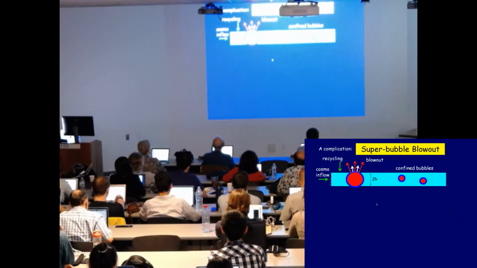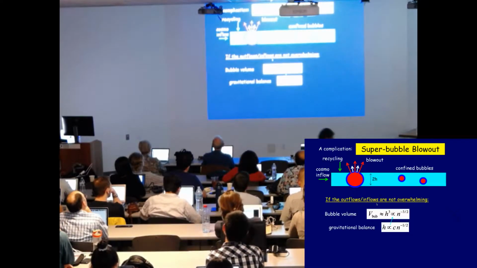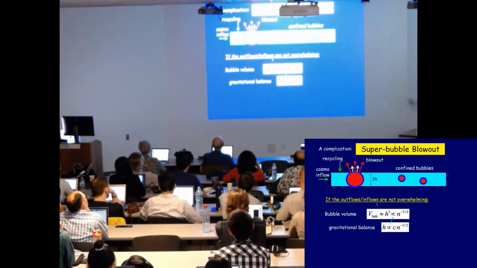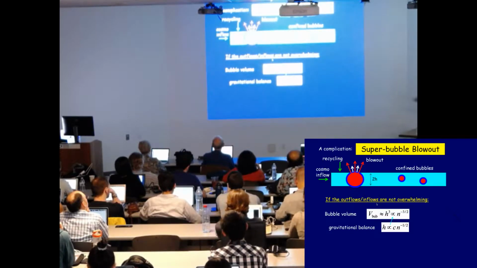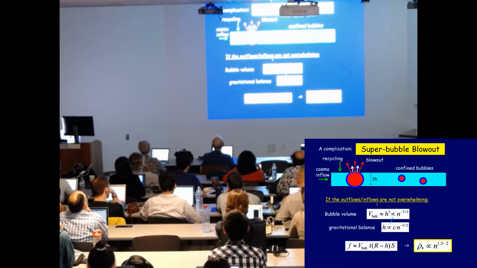Now, it can cause recycling and cosmological inflow. If this outflow is not a strong effect, you can just assume the bubbles have a fixed size, which is the height of the disk, and derive from the gravitational balance in this disk, connecting the H to the number density.